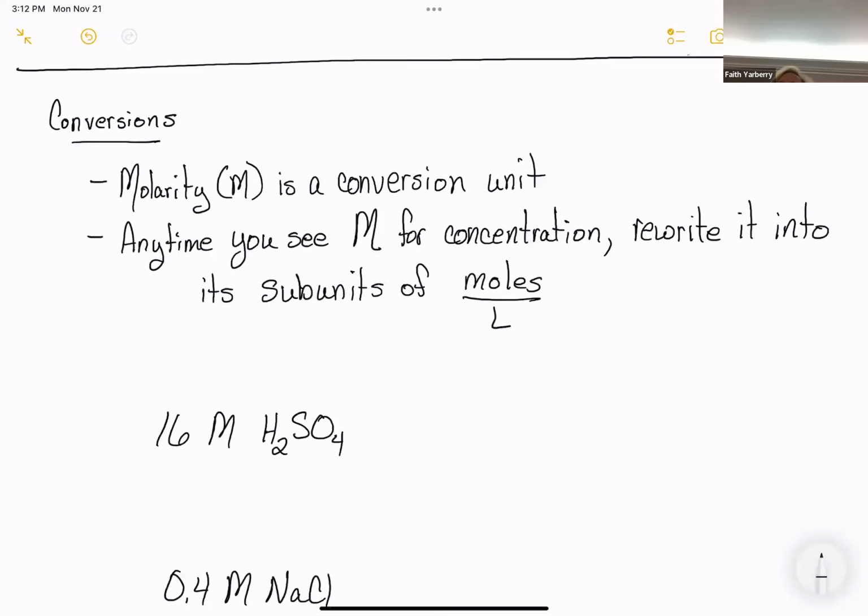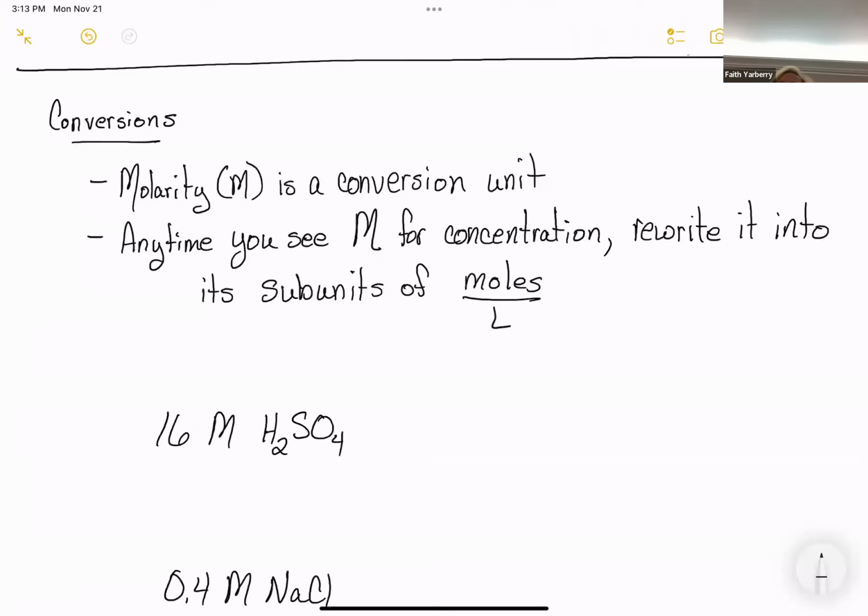Now, folks, one of the skills that most people want to fly over and ignore is, when you see the symbol for molarity, which is the capital M, take a few seconds and rewrite that concentration into its subunits, which is moles over liters.